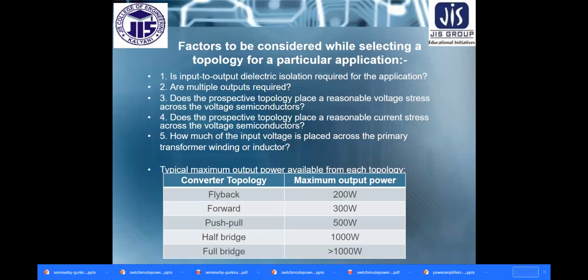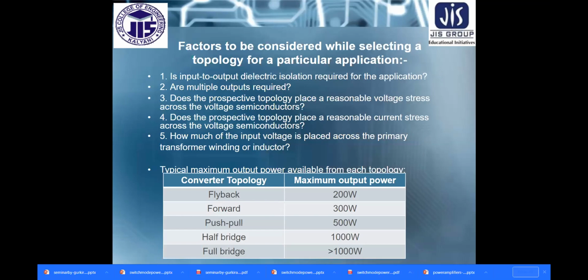Factors to be considered while selecting a topology for a particular application. So what are the factors? The factors are: is input to output dielectric isolation required for the application? Are multiple outputs required? Does the prospective topology place a reasonable voltage stress across the semiconductors?